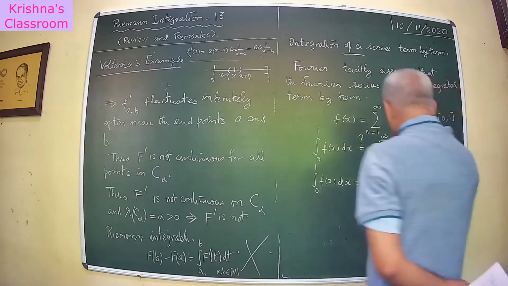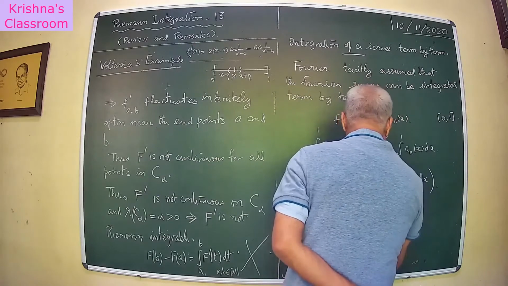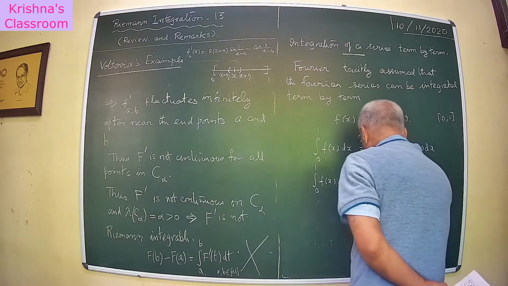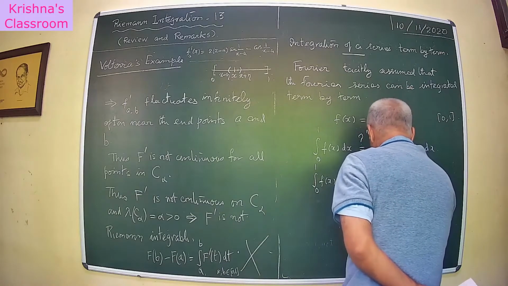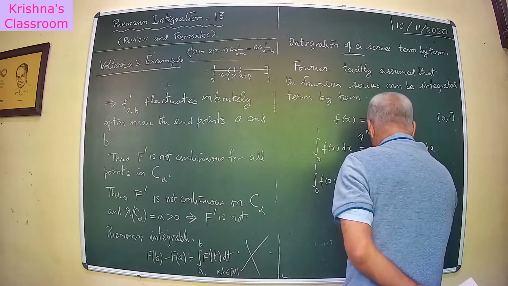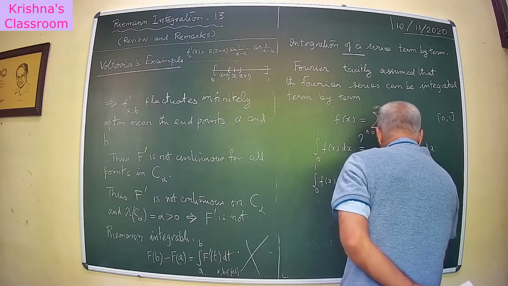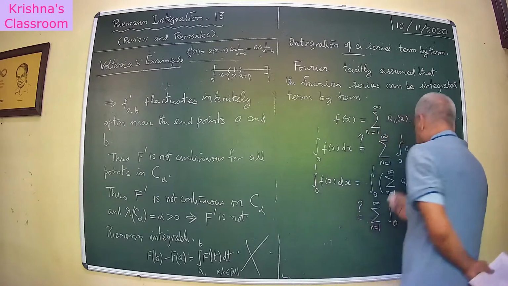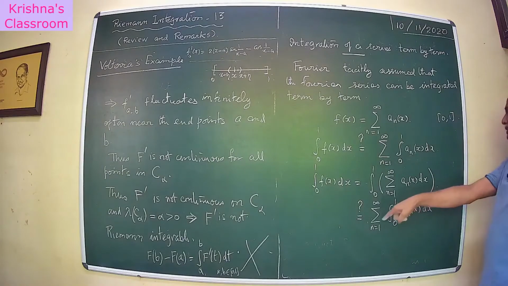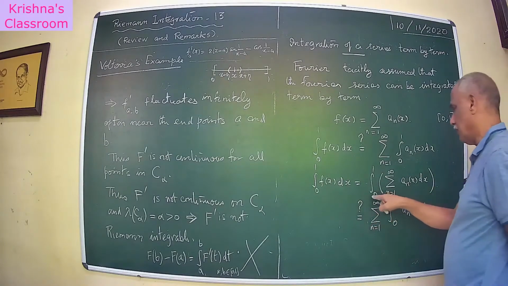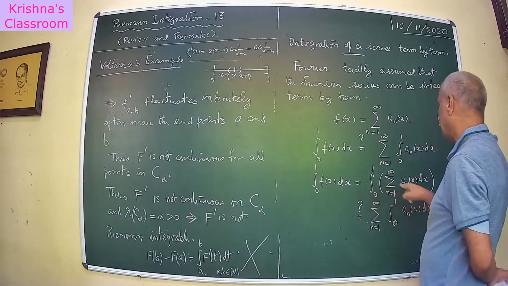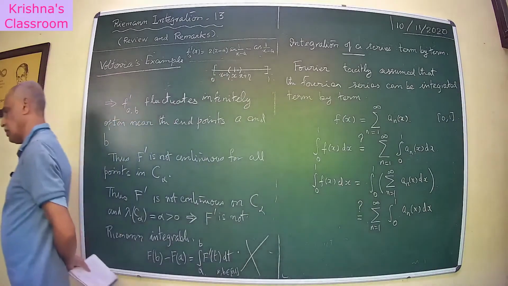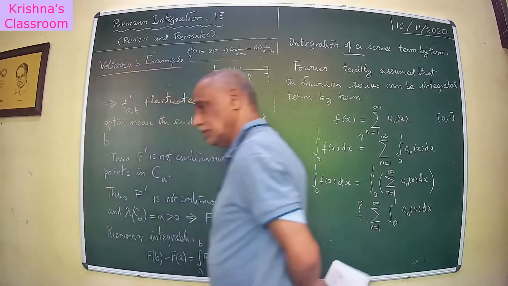Now what you are doing is interchanging the integration and the summation. This is what you mean by integrating term by term and then summing. So actually the question is whether the integral of the sum is equal to the sum of the integrals.